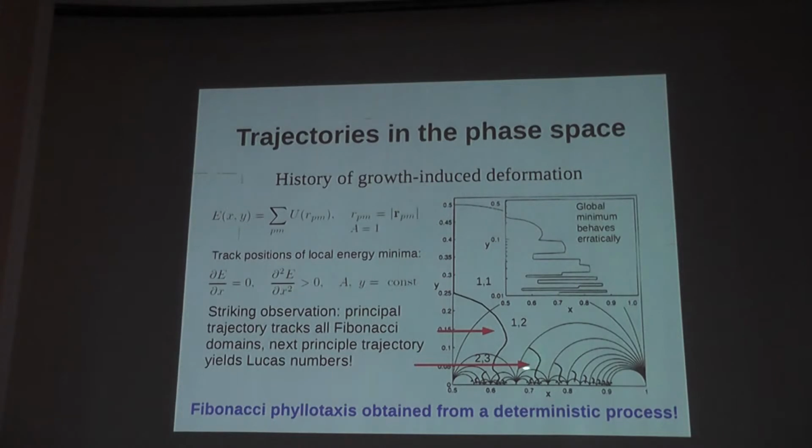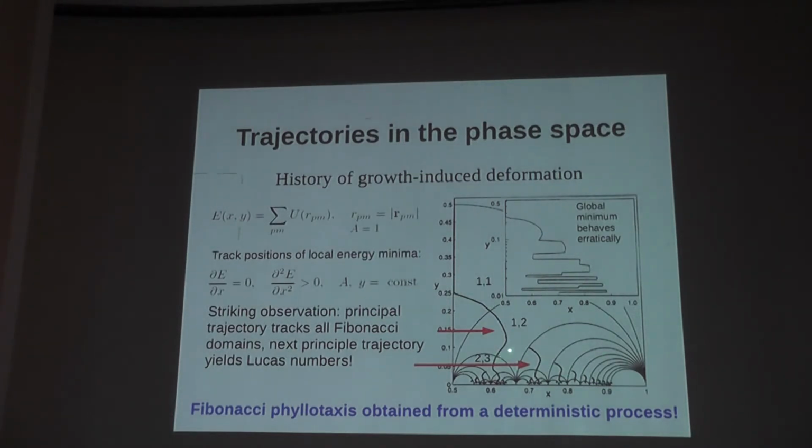Because if I compare energies of these lattices, I will find that some of these lattices have lower energy than other lattices, and which one is lower and which one is higher depends in some crazy way on the degree of compression. And so if I look for the global energy minimum, then it will show some erratic behavior which is very different from this one.